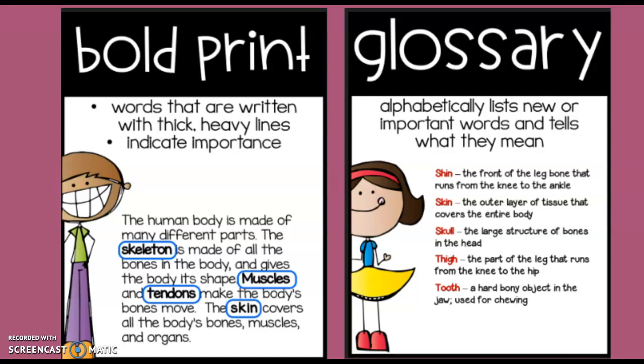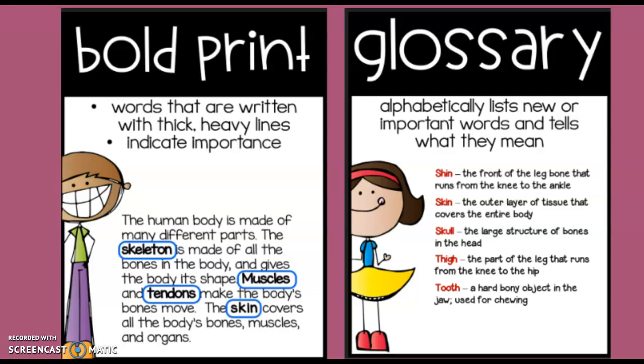So bold print are words that are written with thick, heavy lines and show that they are important. So I'm reading this paragraph about the human body, and bold words that I see: skeleton, muscles, tendon, skin. Those are all probably words that I should learn the meaning of so that I can understand this paragraph better.